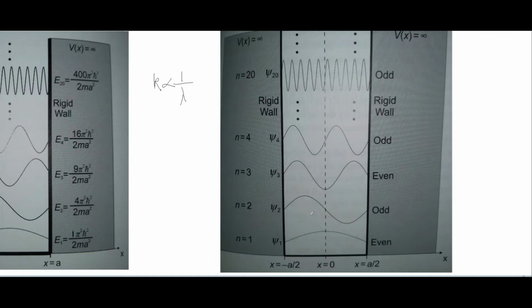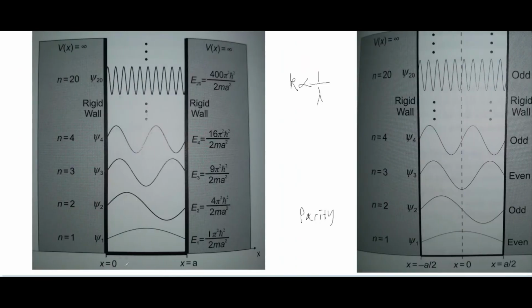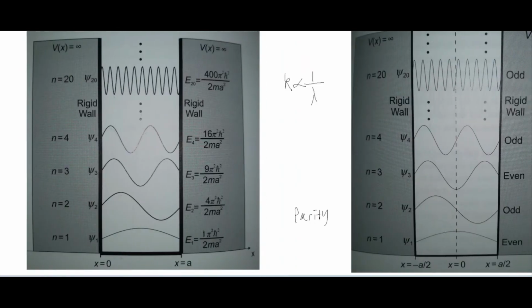And this is telling us about the parity of the wave function. And so we see that here it's even because it's the same on both sides of this center here. You see on this one they were still using x equals 0 to x equals a.